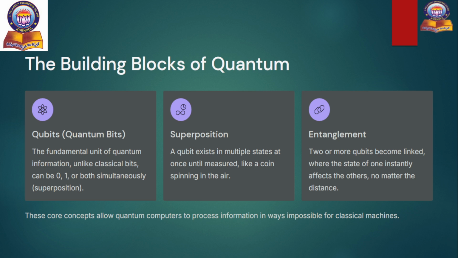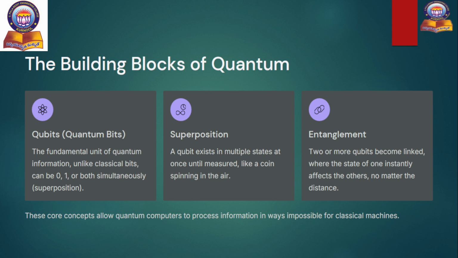Coming to a real life scenario, we see twins wearing the same color shirt, even in different cities. If one wears a red shirt, the other also does the same. So two or more qubits are interlinked with each other. That is what we call entanglement.